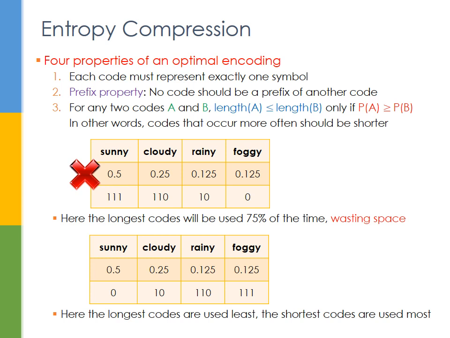So the longest codes are used the least, whereas the shortest codes are used most often within any particular encoding. This encoding scheme does satisfy our third property, and therefore it represents an optimal encoding.